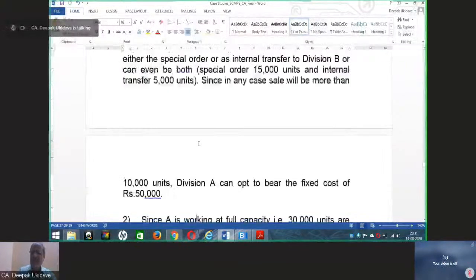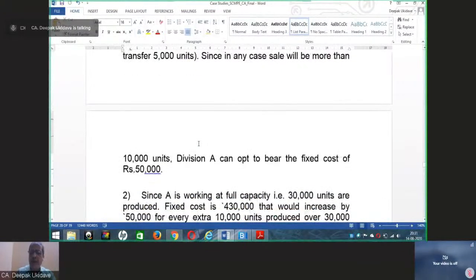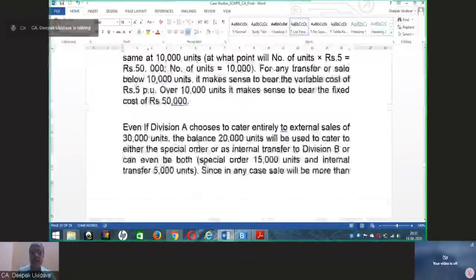Since in any case sale will be more than 10,000 units, division A can opt to bear the fixed cost of 50,000. In any case, the fixed cost of 50,000 will have to be borne, because your production increases, sale increases to more than 10,000. Right? 30,000 you are catering to external market and the balance 20,000, 15,000 to the special order and 5,000 to the internal customer.